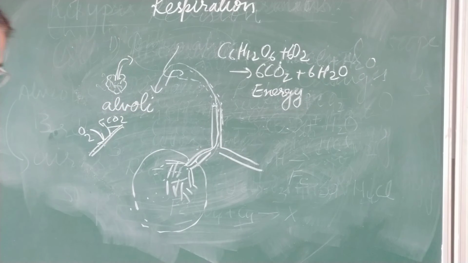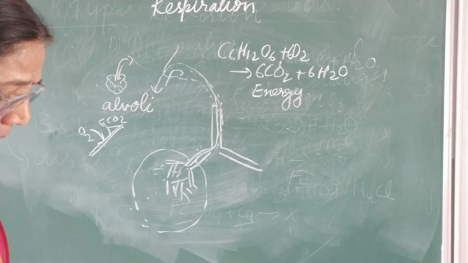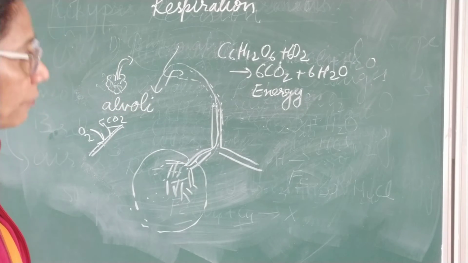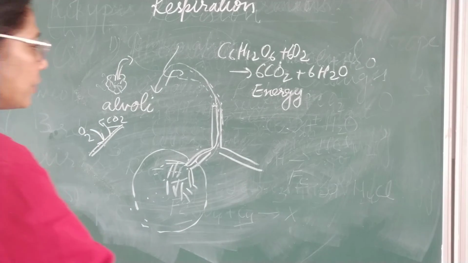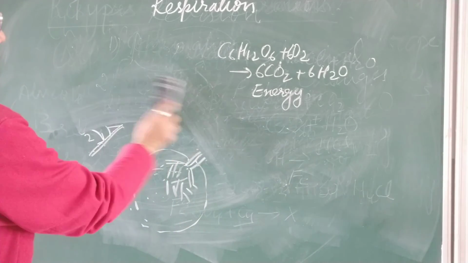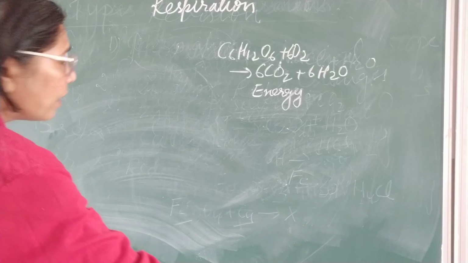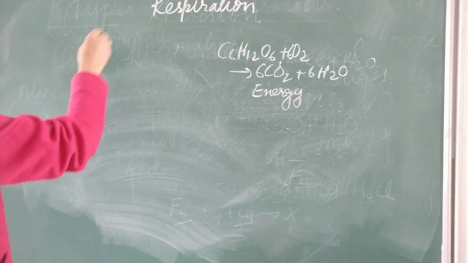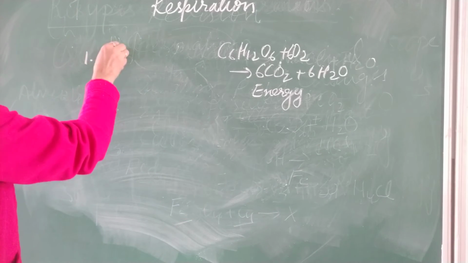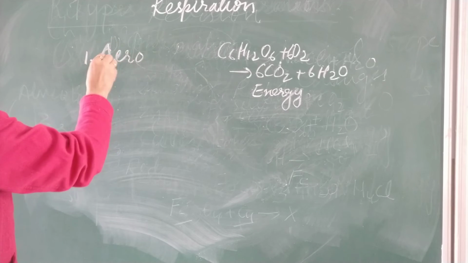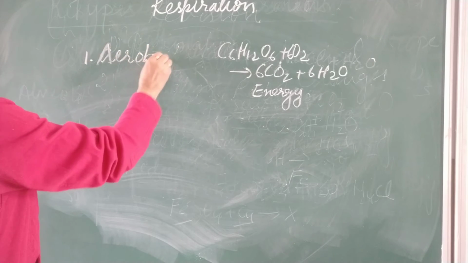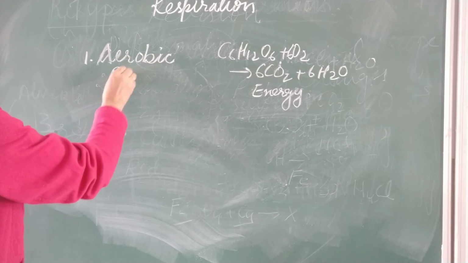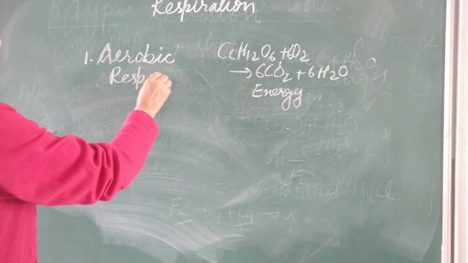There are two types of respiration. First is aerobic respiration and the other is anaerobic respiration. Aerobic respiration, as the name says, takes place in the presence of oxygen, like I have just now told you.